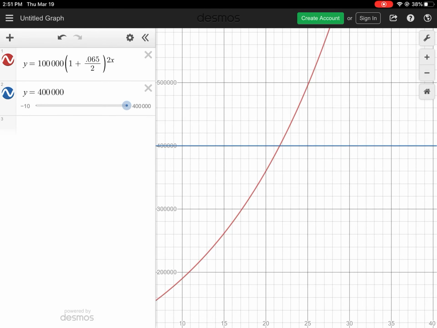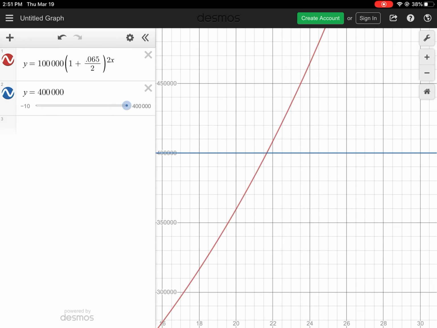And in Desmos, it's pretty easy. I think we can just put our finger there and it highlights it. There we go. Touch it. So when x is 21.672, the equation will equal 400,000.